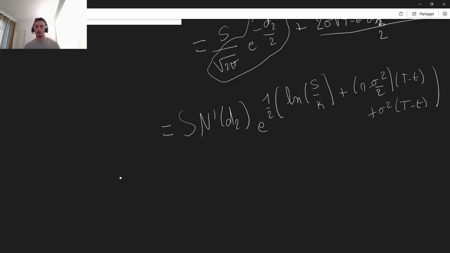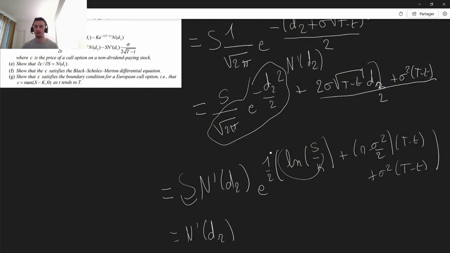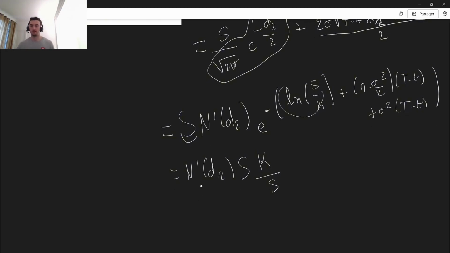Basically, the s here and the s inside the exponential will cancel out. So we will get n prime of d2 times exponential of, oh yeah, there shouldn't be 1/2 here. Okay, and then we'll get the S, then K over S. There should be a minus only, that's where it's coming from.